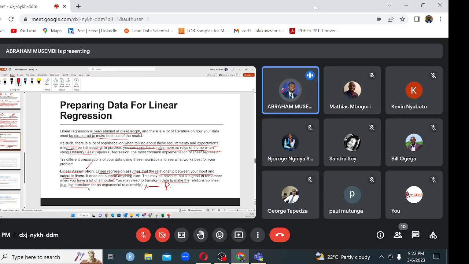If your variables are exponentially related or distributed, then you can use a log transformation to convert it. For example, let's assume y is exponentially distributed, so we have an exponent of negative x, plus a constant.